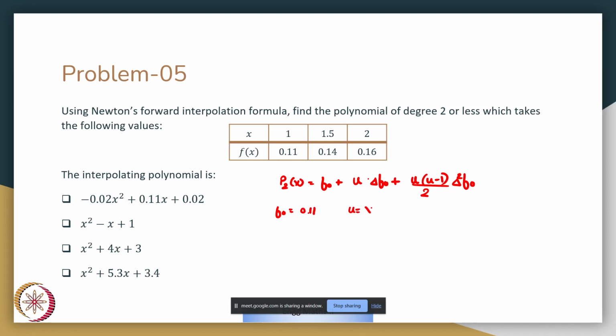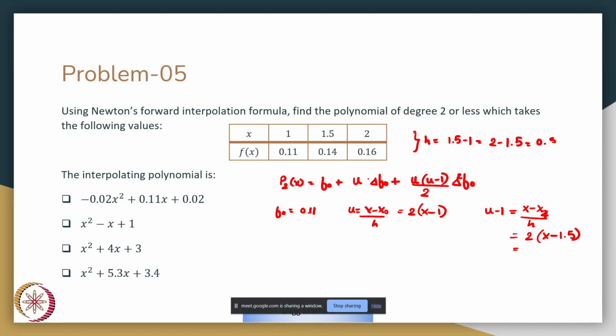u is (x minus x naught) by h. For this case, you have h equal to 1.5 minus 1, which is also 2 minus 1.5, so equal to 0.5. So u is twice of (x minus 1), and u minus 1 is equal to (x minus x1) by h, which is nothing but twice of (x minus 1.5).